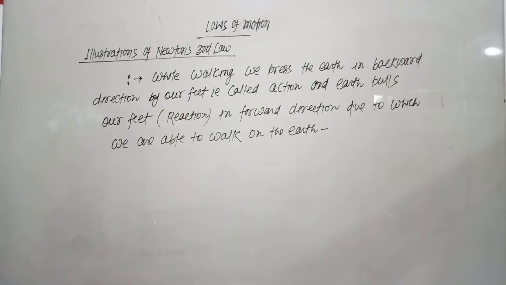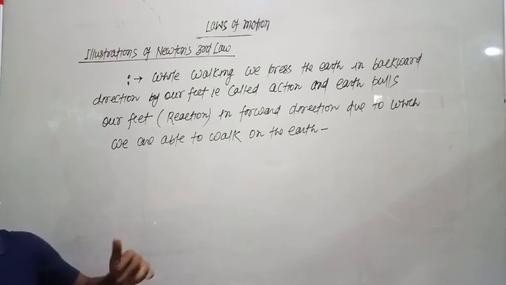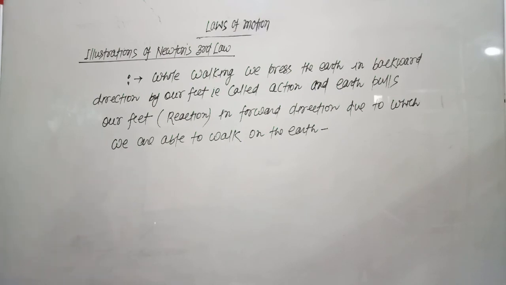And while walking we press the earth in backward direction by our feet, and that force is called action, and the earth also pulls our feet, meaning reaction in the forward direction, due to which we are able to walk on the earth.